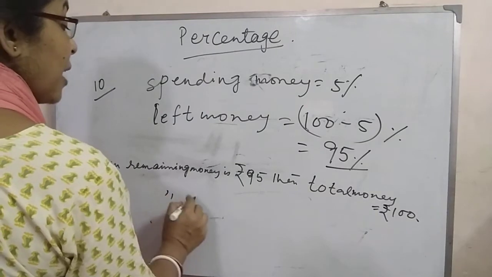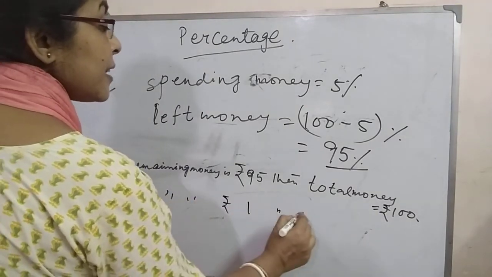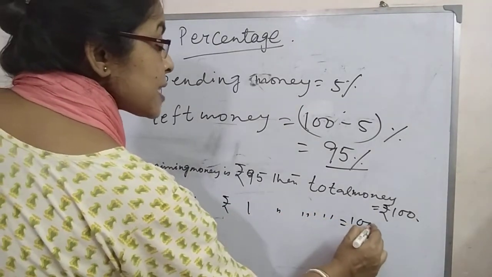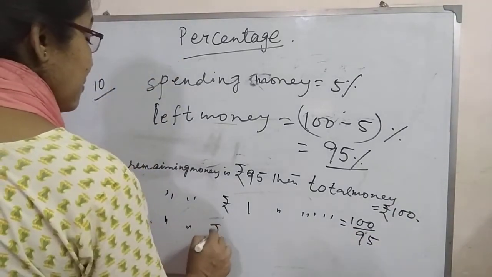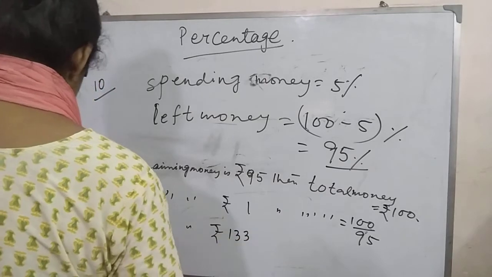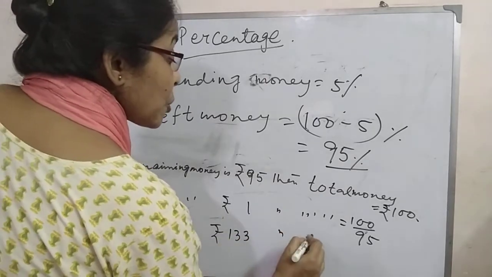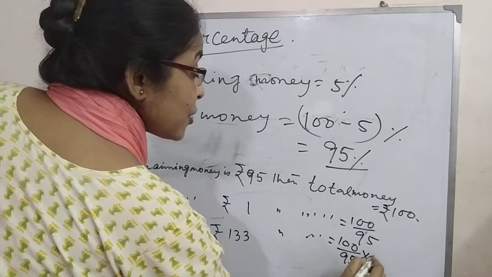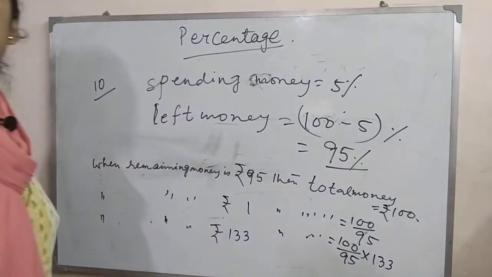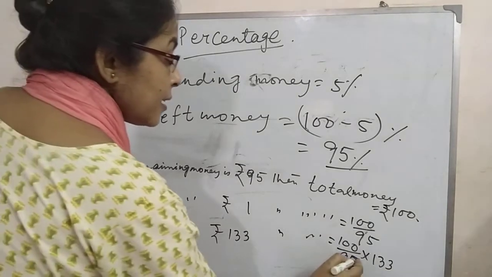When remaining money is rupees 1, then total money is equal to rupees 100 by 95. When remaining money is rupees 133, then the total money is 95 into 133. That is the unitary method.